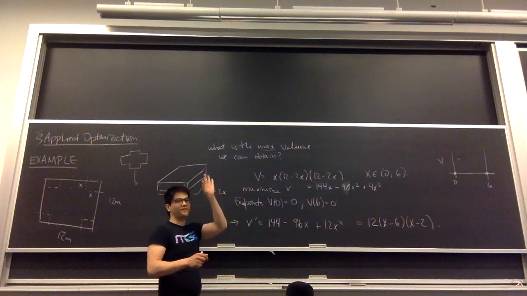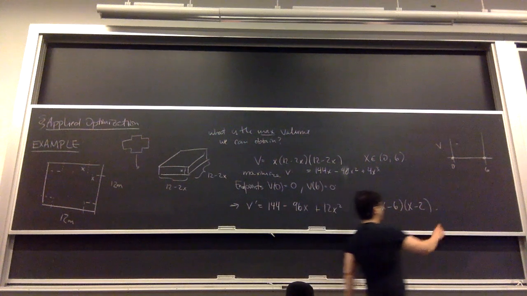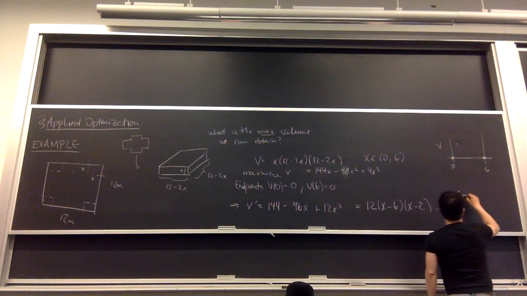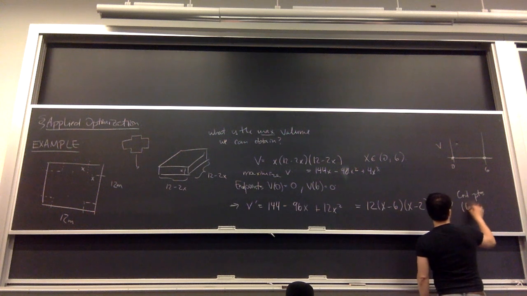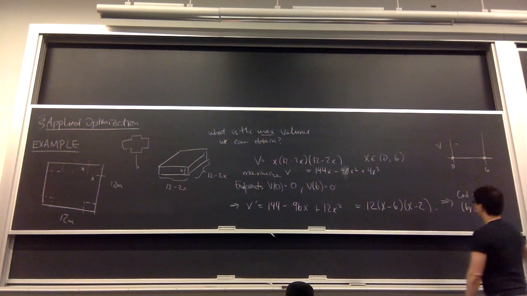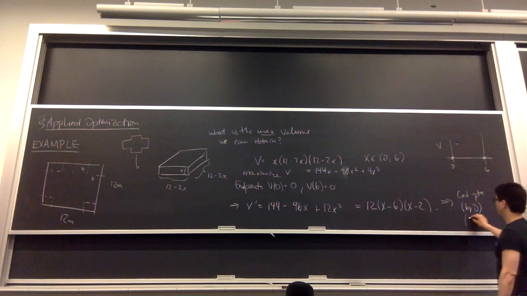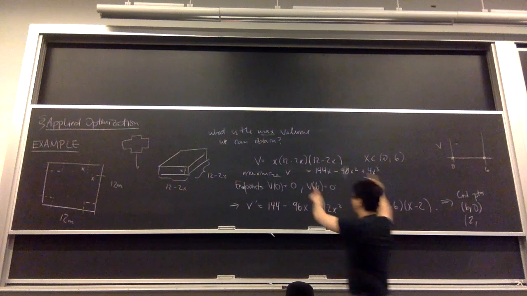The point itself has to be two things. So this means we have critical points, and let's do the first one. If we put in 6, what do we get? Well, 0 again. And if we put in 2, remember, we're putting that into the volume.